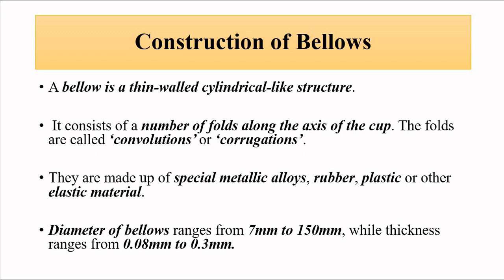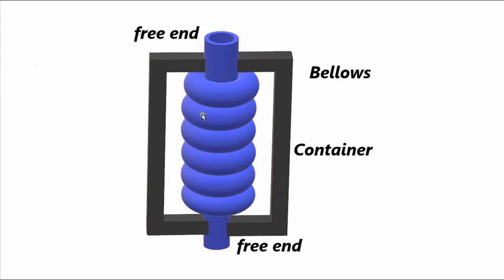So bellows are basically a cylindrical structure having thin walls with a number of convolutions. These circular, donut shaped things are called convolutions or corrugations.